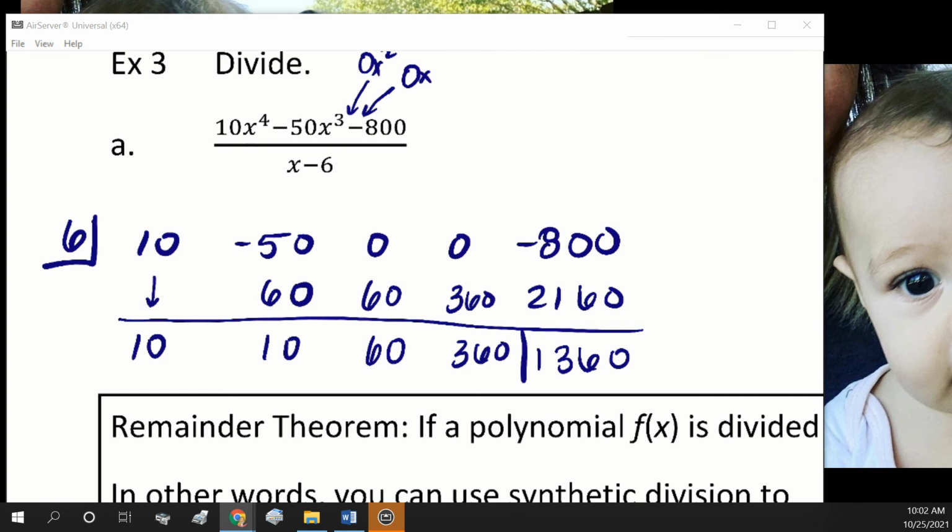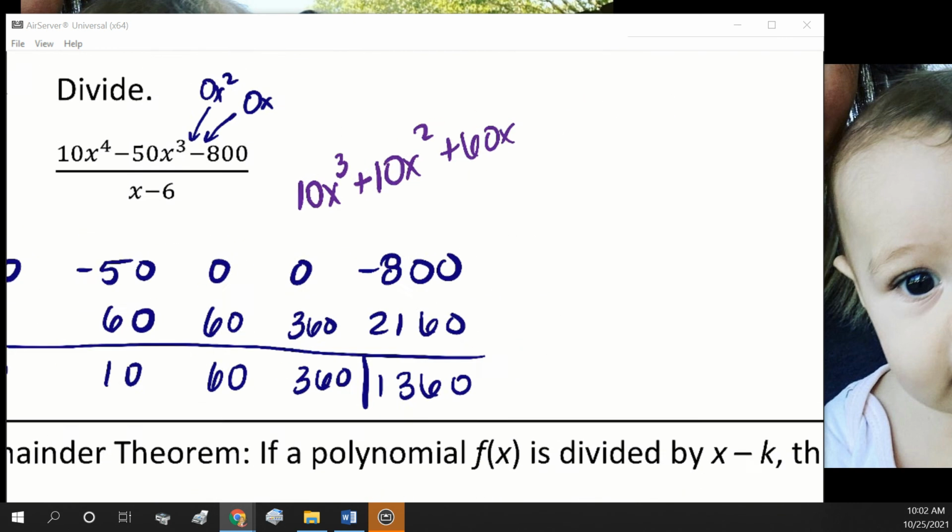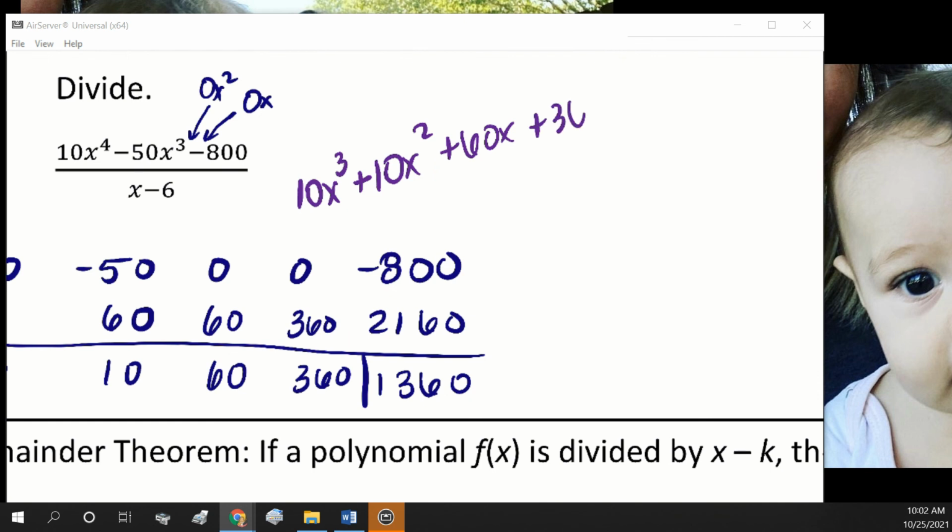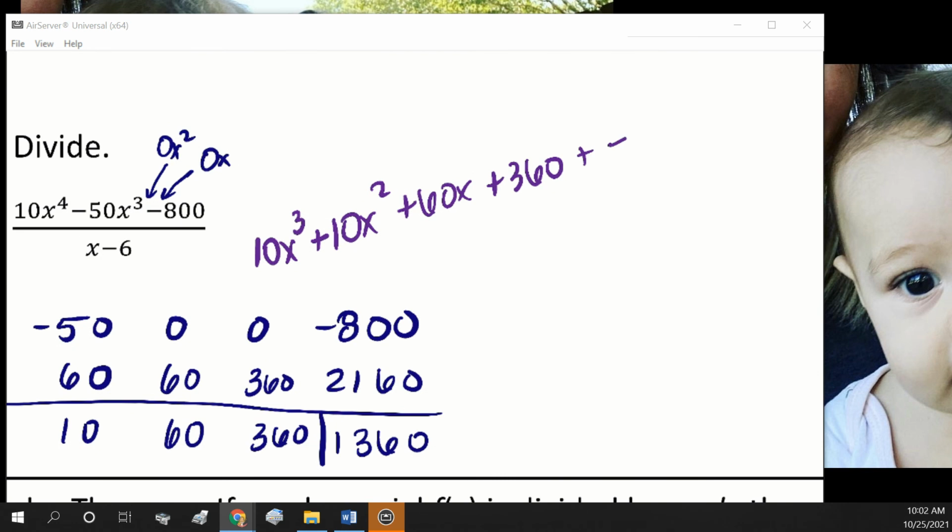So if this dividend started off as x to the fourth, the first one of your answer should be x to the third. So it's going to be 10x to the third, and then plus 10x squared plus 60x plus 360 plus the remainder over the divisor. And your divisor this time was that x minus 6.